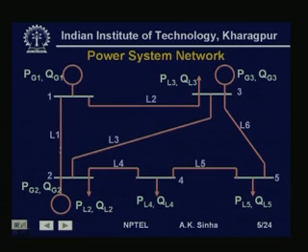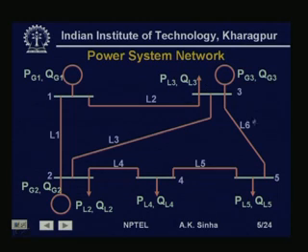The whole idea of power flow analysis is to find out the voltages at various bus bars and the power flows in various lines, because we must keep the voltage within a specified limit, and transmission lines have a capacity, and therefore we must keep the power flowing on the line within its capacity.